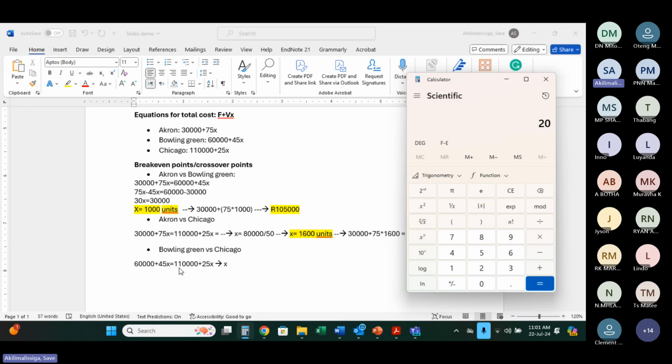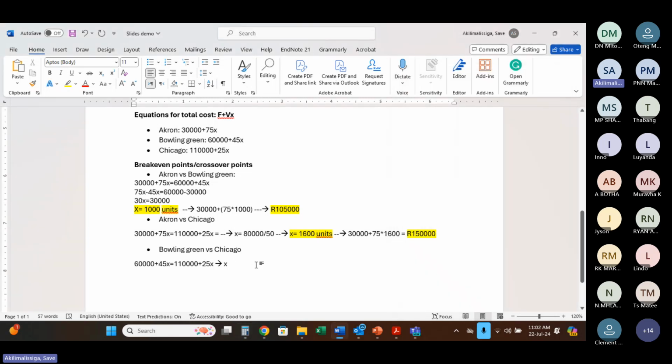So we're going to have 110,000 minus 60,000 divided by 20. Remember, 45 minus 25 is 20. That gives 2,500. So that is the value of the volume here, 2,500 units.